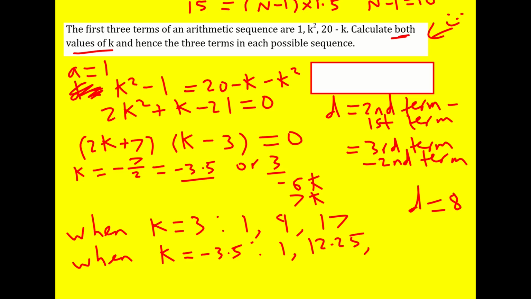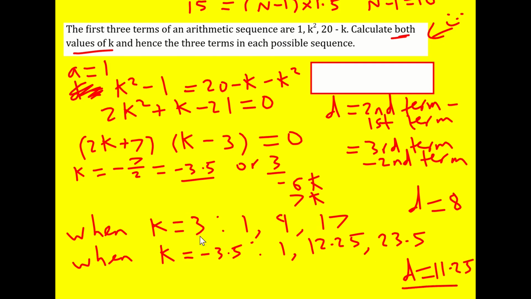And then afterwards, I'm going to get 20 minus k. I'm going to get 23.5 because I would add on another 11.25. Okay, that is the answer. I made a bit of a mess of that. In that case, D would be 11.25.